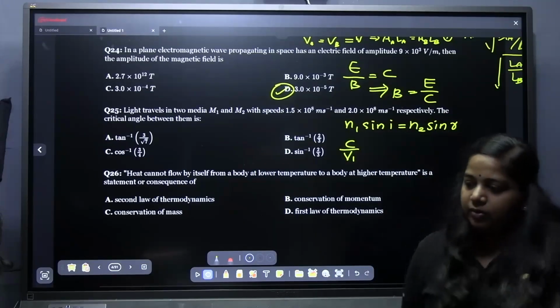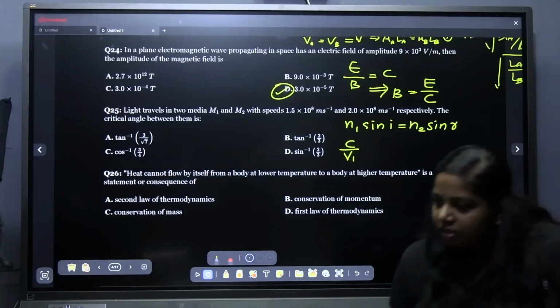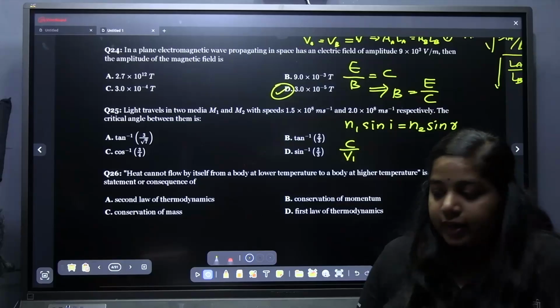Is it clear now? Can you guys see the screen?